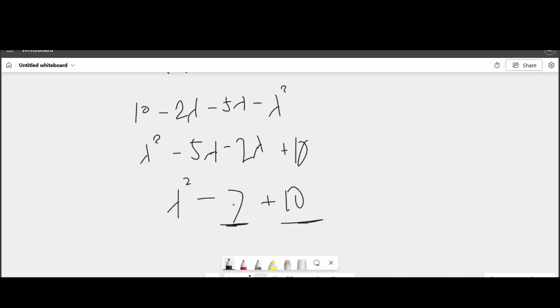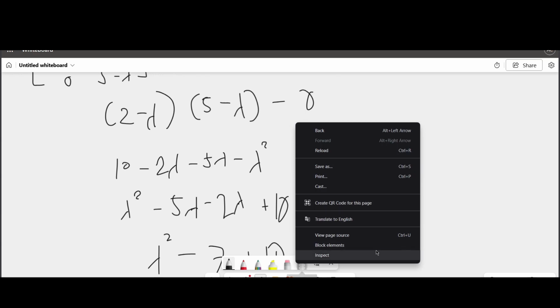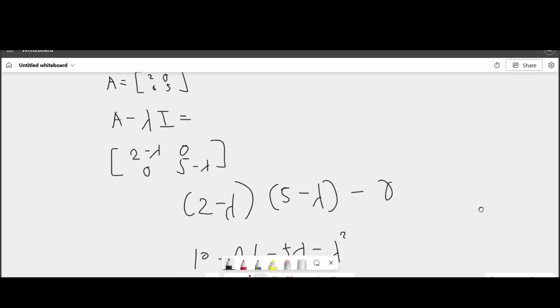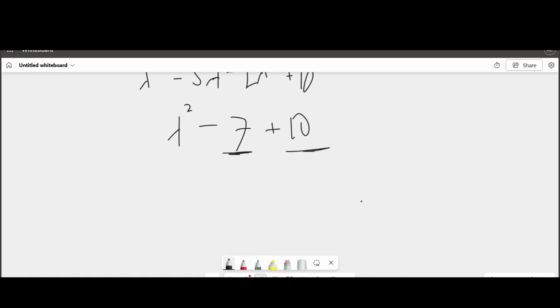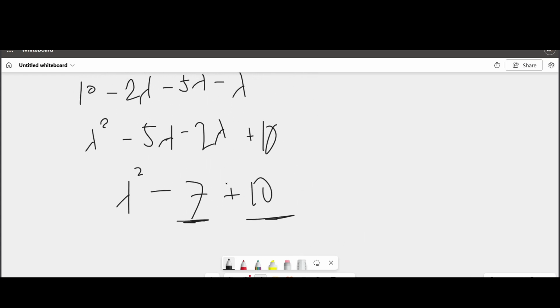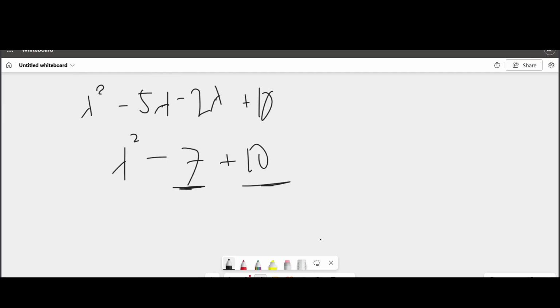It's actually 7. So you have lambda squared, negative 7 lambda, and positive 10. What multiplies to 10 but adds up to negative 7?